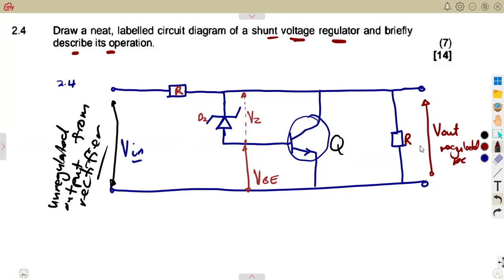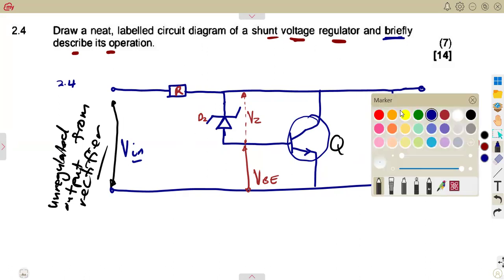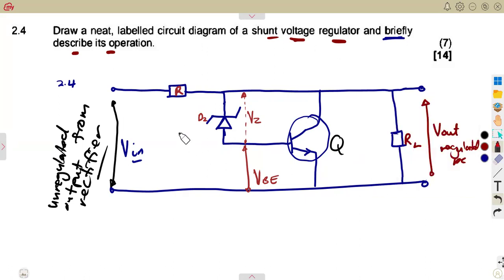And with this part, the question is, briefly describe its operation. So I talked about this. They can ask you to draw this, and also describe. So remember I said, in terms of the Zener diode, the value of the Zener diode is selected in such a way that the bias VBE is supposed to give us a value that is low enough to keep the transistor in an unsaturated condition.